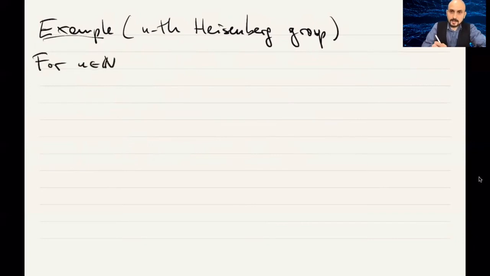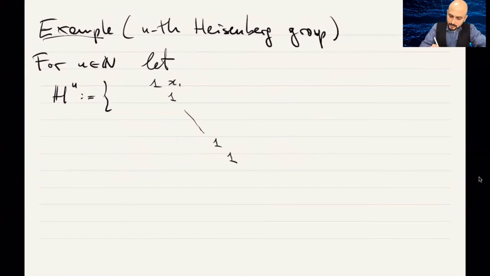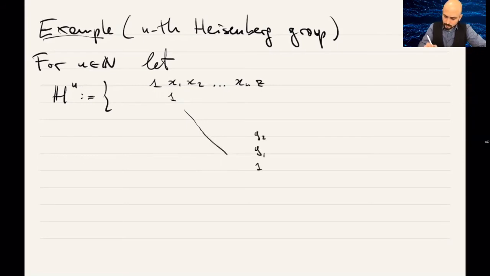So for an integer n, let's denote by Hn all those matrices that have 1 on the diagonal, and in the first row you have x1, x2, dot, dot, dot, xn, z. Then you have 1, y1, y2 to yn.